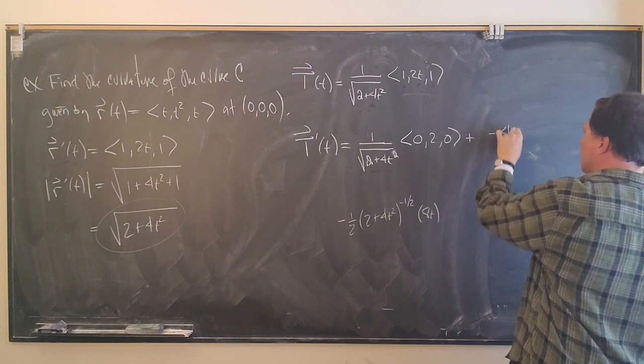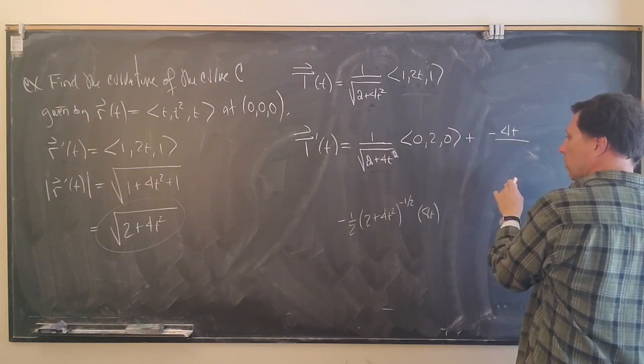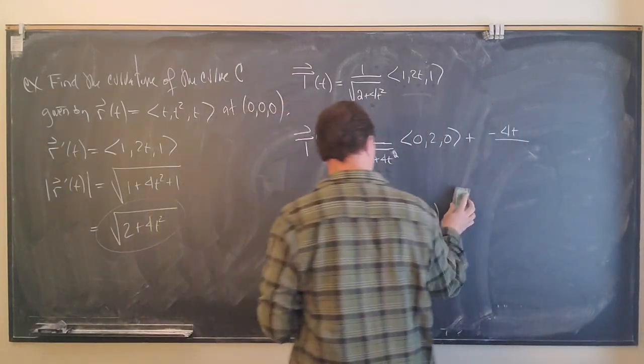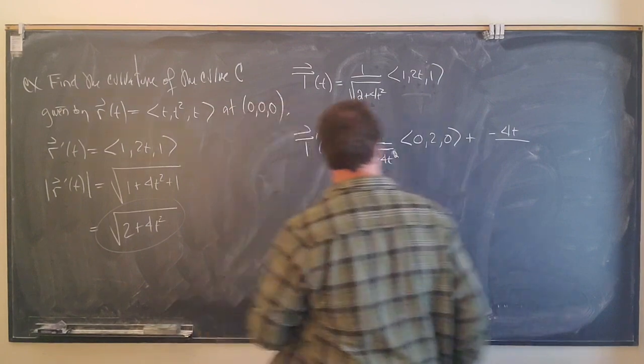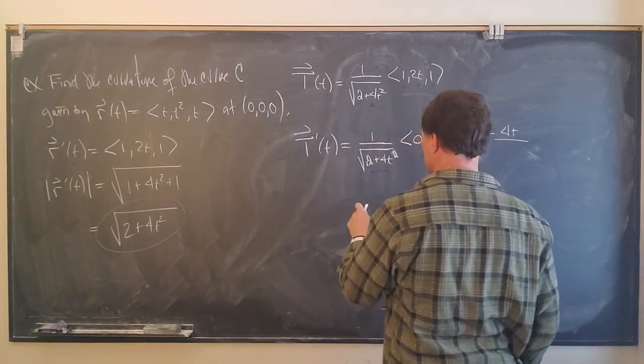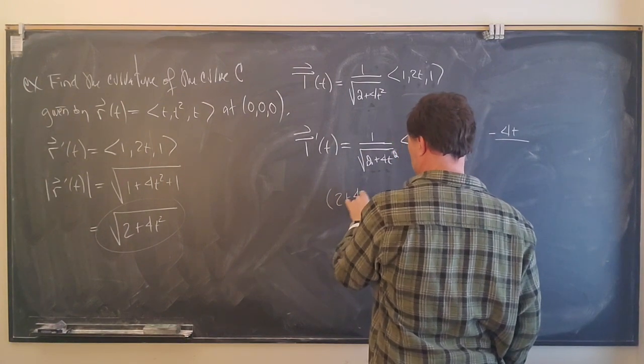that's going to be a minus 1/2, 2 plus 4t squared to the minus 1/2 times 8t. Sorry, that's already a minus 1/2, I started to write that wrong.